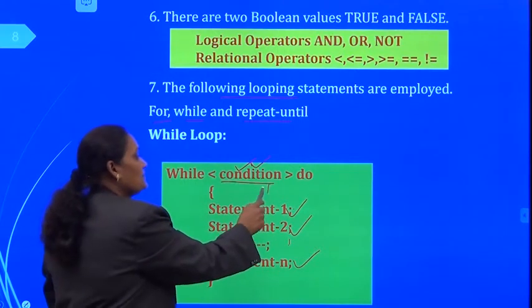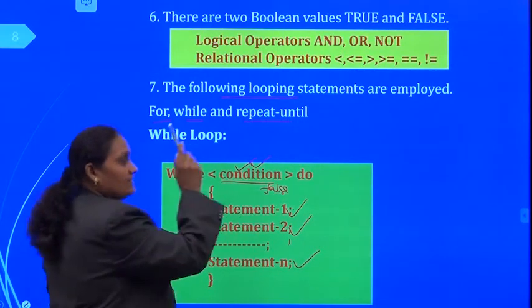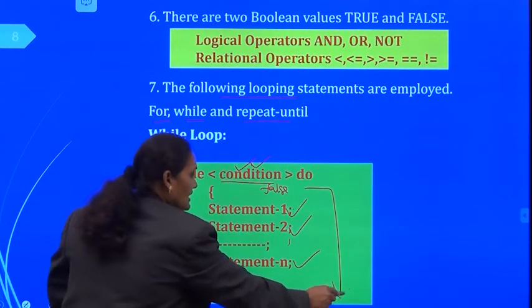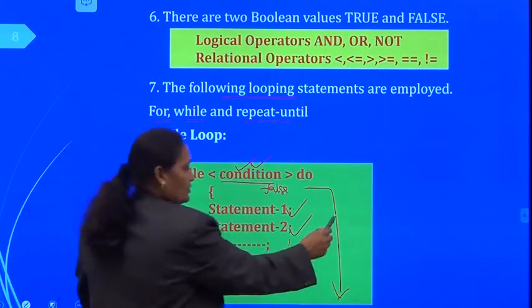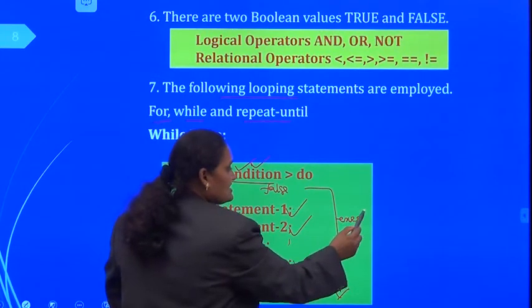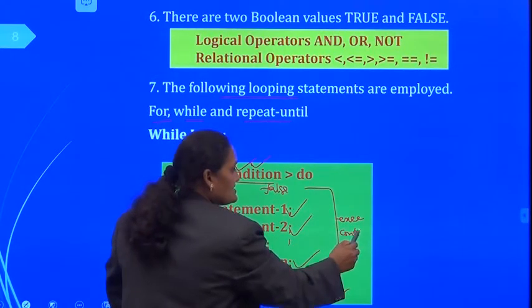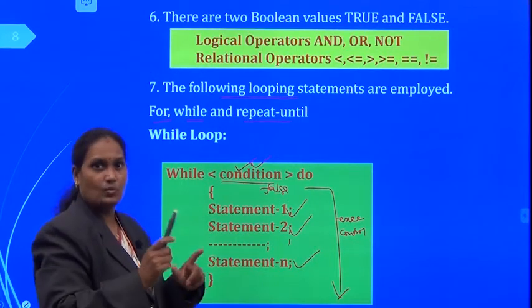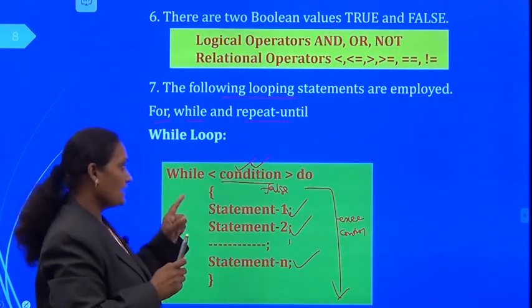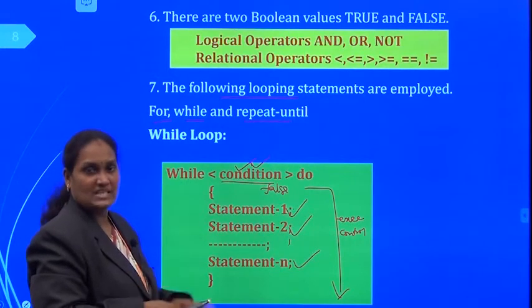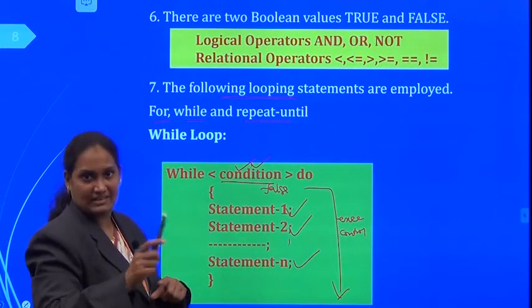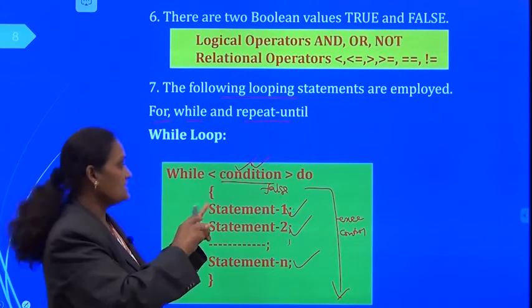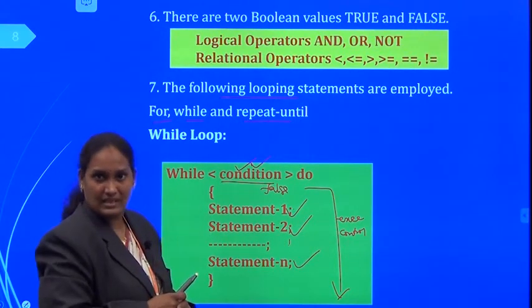Whenever the condition becomes false, the execution control comes out of the loop.